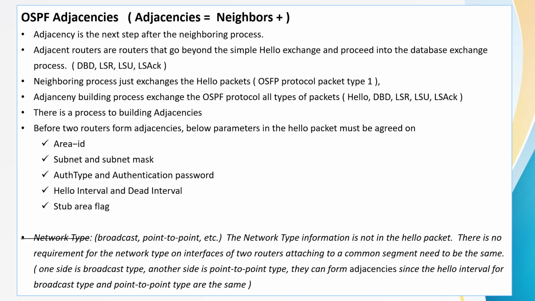That means if one side is broadcast type and the other side is point-to-point type, the two routers can still form the adjacency, since the hello interval for broadcast type and point-to-point type are the same. However, in the real world, as best practice, you need to put the same network type on the two routers when you configure OSPF.